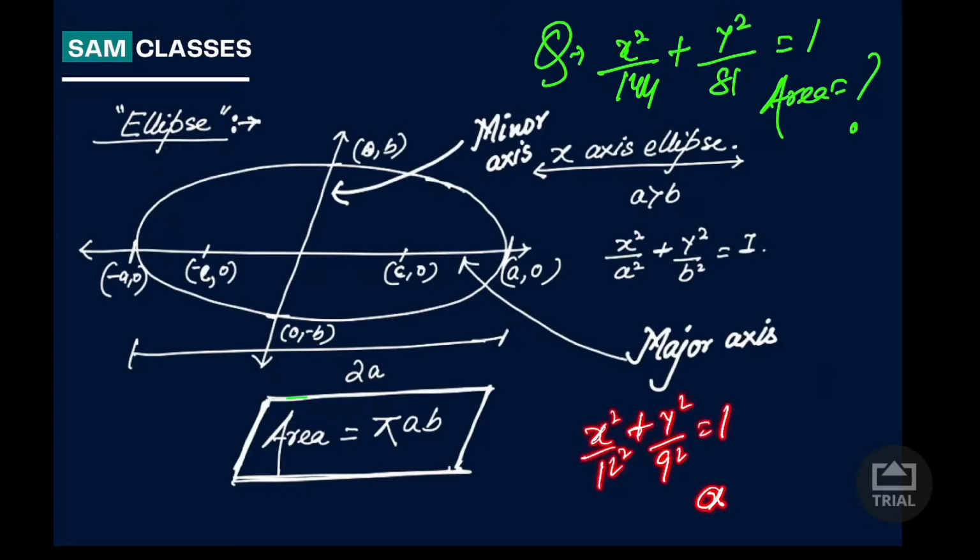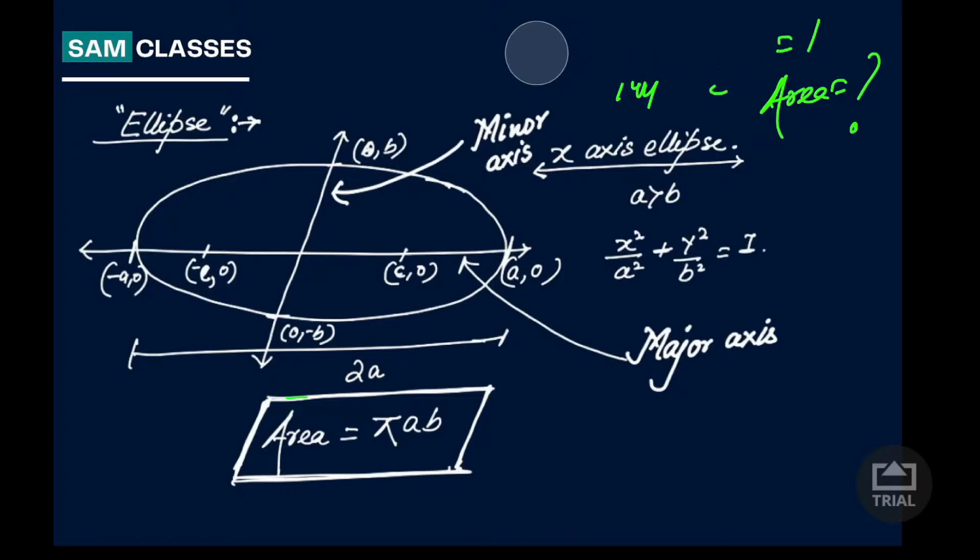So a equals 12, b equals 9. Directly pi ab, pi into 12 into 9. So 108 pi. Clear, Nishat ma'am? Okay, done. Very simple, very easy. Next.